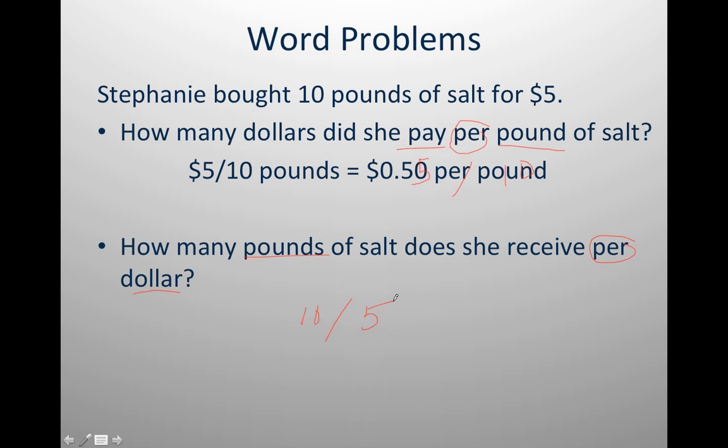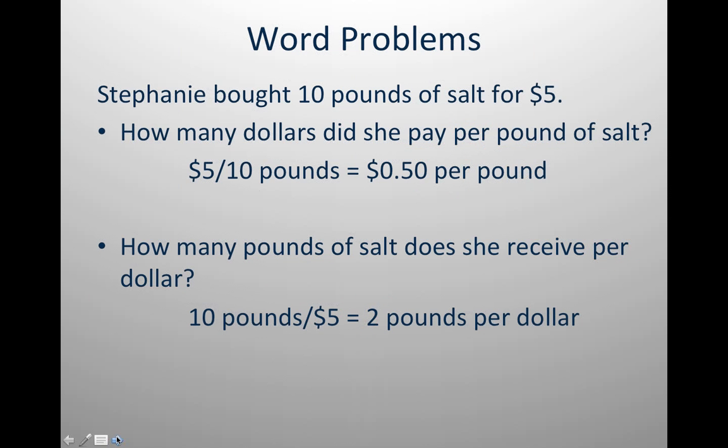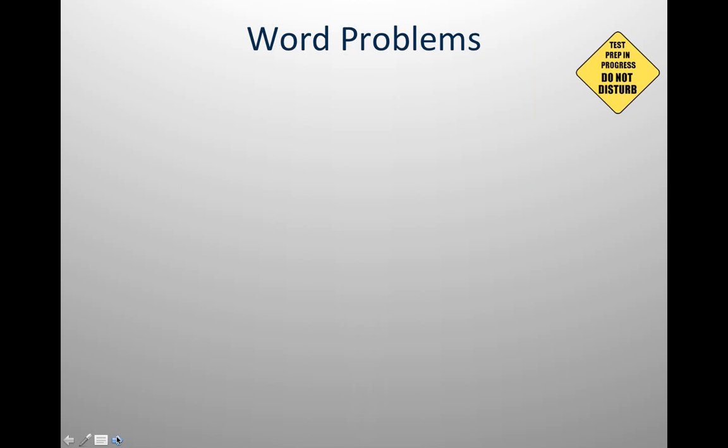And then the question said how many pounds of salt? So that's 2 pounds. So that was how many pounds, because that's what the question was asking. The first one was 50 cents because it asked how many dollars.